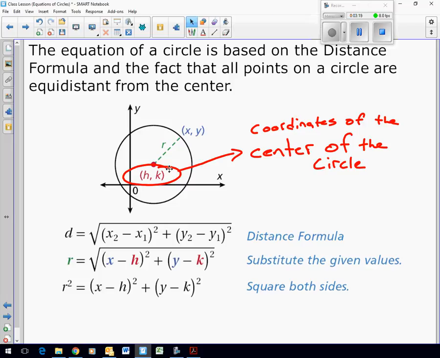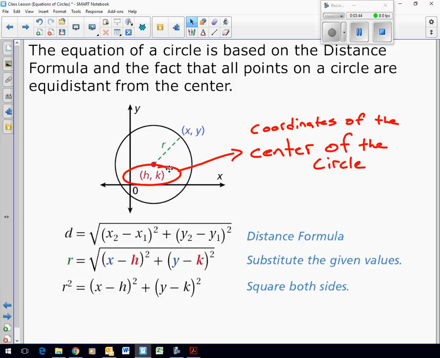All right? Now maybe it makes a little bit more sense. H and K are always the coordinates of the center of the circle, which means that X and Y are coordinates for the edge of the circle.